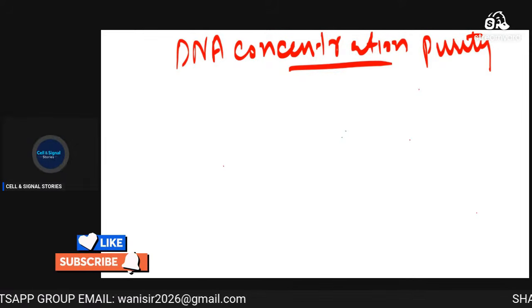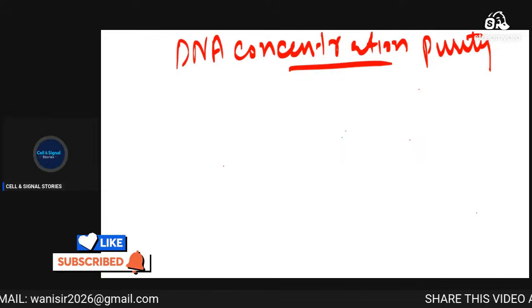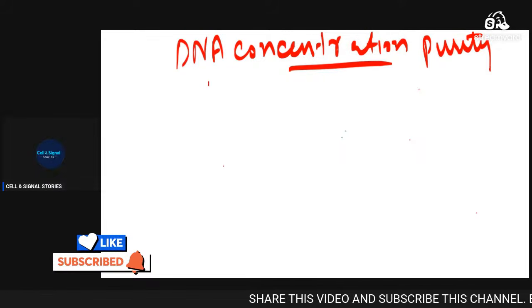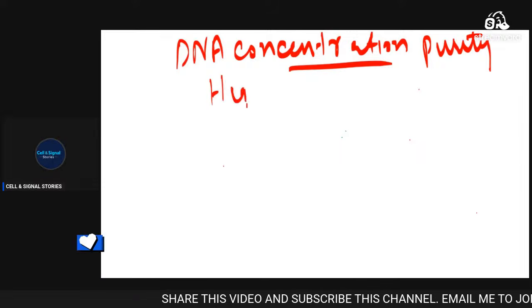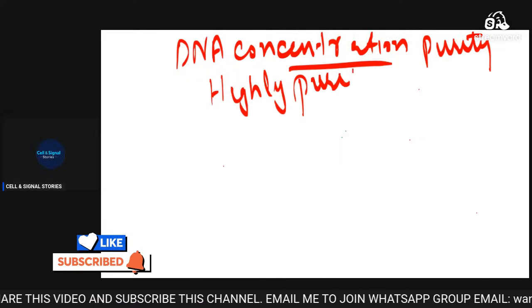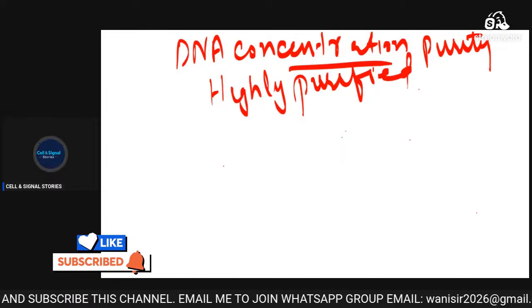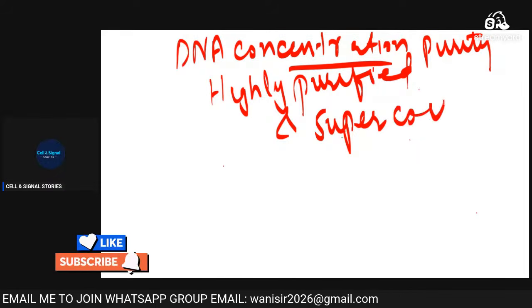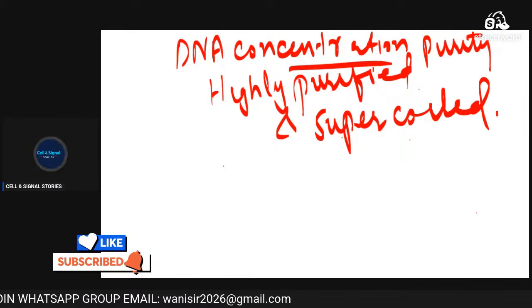Highly purified or supercoiled DNA gives better transfection than degraded or contaminated DNA. So the DNA should be highly purified or supercoiled rather than degraded.